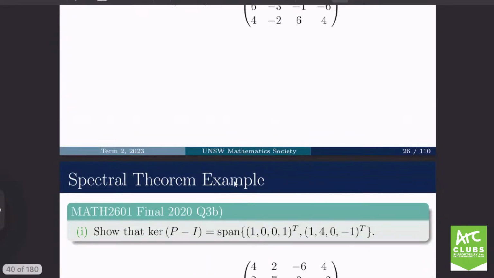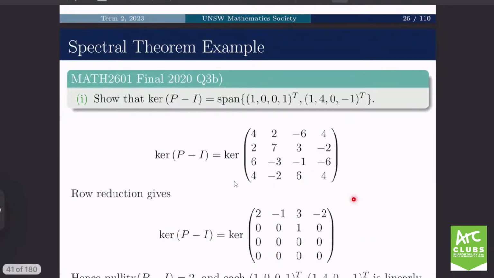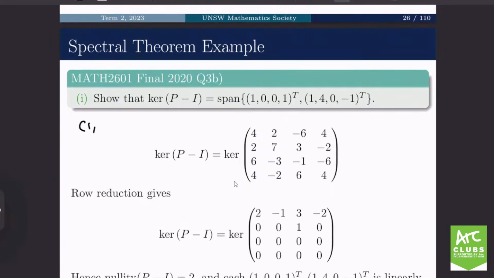Now, if we row reduce, we'll get this here. The question is to show that the kernel is equal to the span of these two vectors. All we really have to do is show that (1, 0, 0, 1) transpose is an element of the kernel of P minus I, and the same with (1, 4, 0, negative 1) transpose.